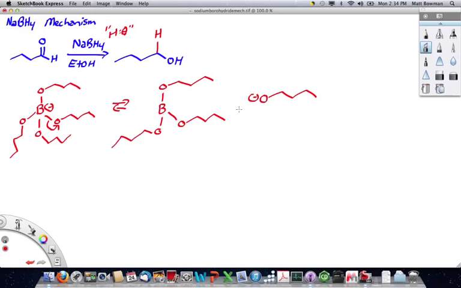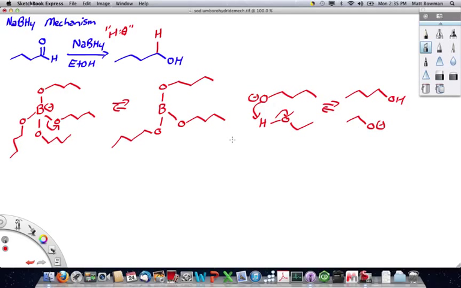And then what can happen here is eventually this finds the ethanol solvent, and that can deprotonate that. And you get your product plus the ethoxide.